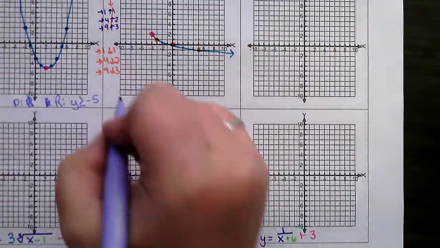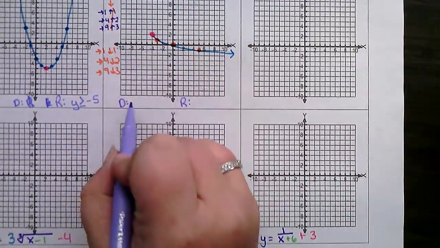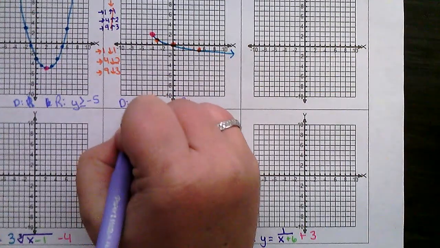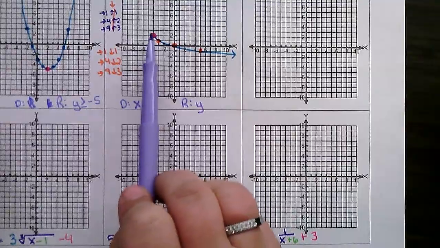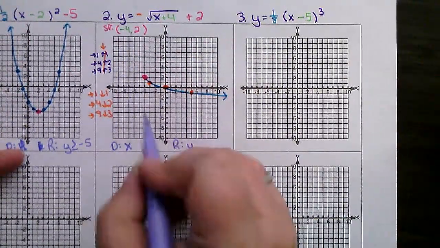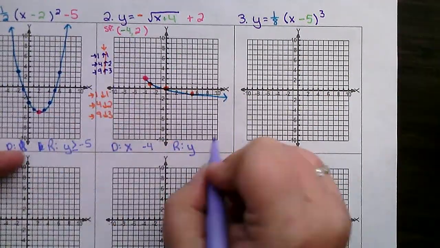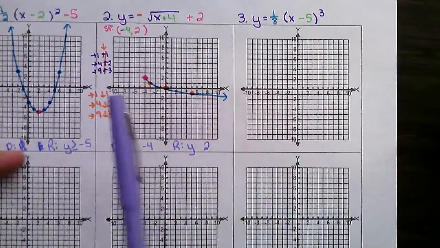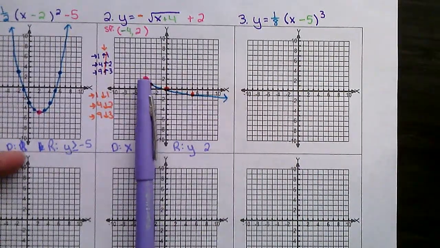So domain and range on this one, this is one of the trickier ones. Domain, remember, is always x. Range is always y. So for my domain, I'm going to use the x value of my start point, -4, and for the range, I'm going to use the y value of my start point. Here is where my blue graph starts.